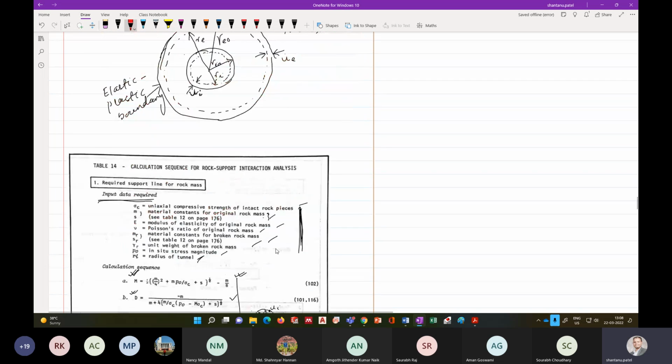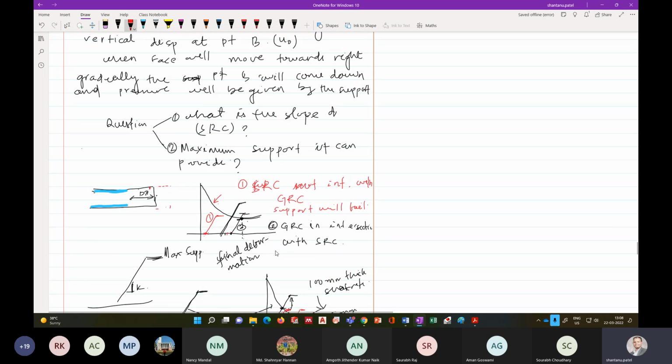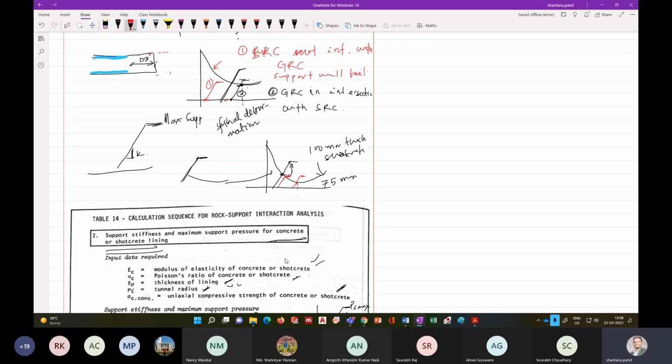But this is a basic concept, like how we decide. From RMR we had this time, right? We can see the time, but that is based on some empirical data, like seeing how tunnels around the world behave.